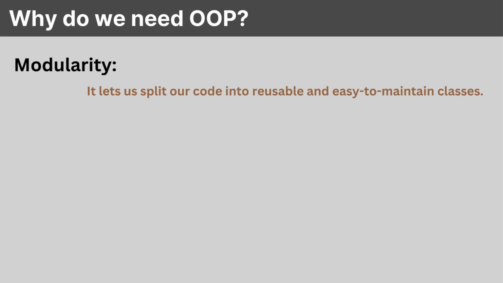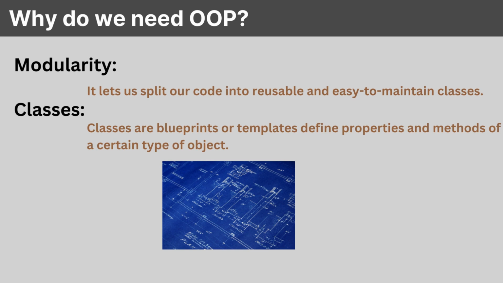Modularity allows us to divide our code into smaller and independent modules or classes that can be reused and maintained easily. Now, these classes are blueprints or templates that define the properties and methods of a certain type of object.